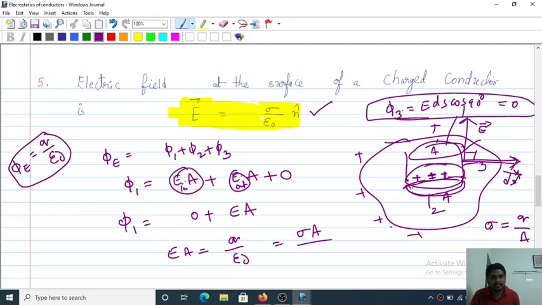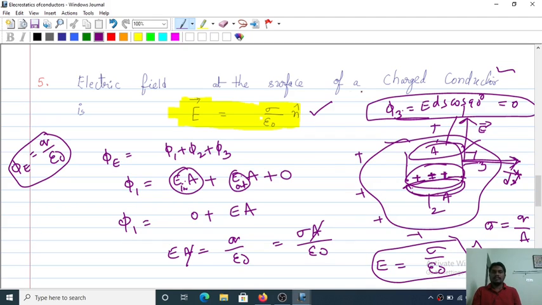Writing Q as sigma into A by epsilon naught, A gets cancelled, therefore the electric field at the surface of a charged conductor is sigma by epsilon naught, and it is perpendicular to the surface, where n cap is a unit vector perpendicular to the surface.